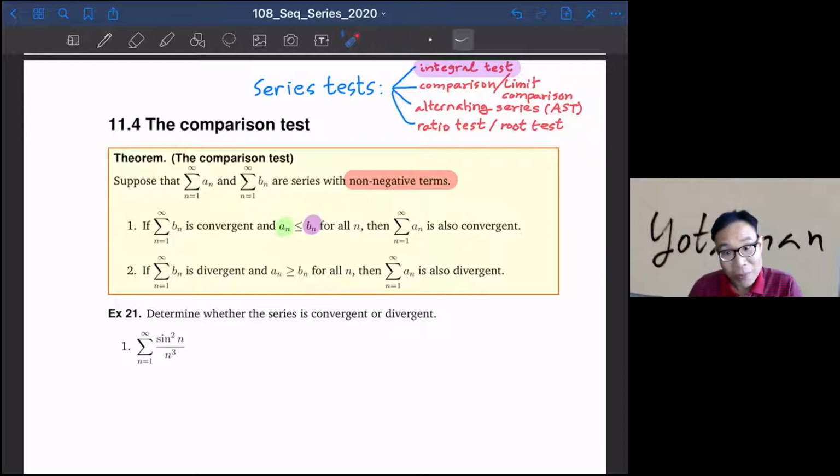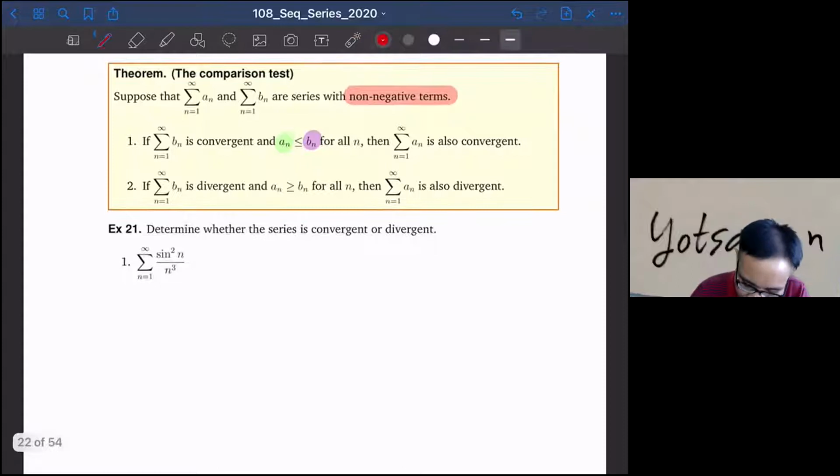By comparing, that's why we call this the comparison test.